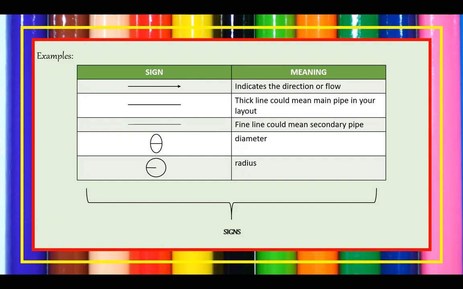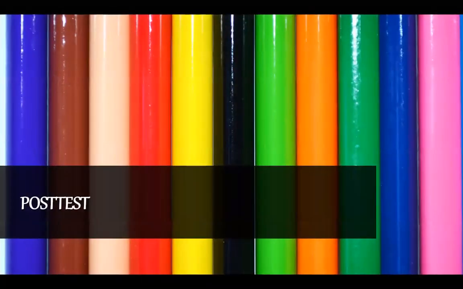The circle divided into two represents a diameter, and the circle with a half line in the middle represents a radius. So that's the end of the discussion under drawing layouts of fish tanks.